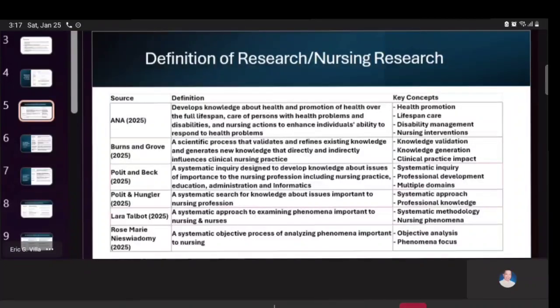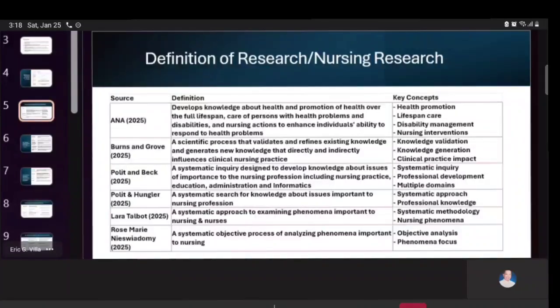Integrations of evidence-based practice can be seen in Polit and Beck's definitions, which introduce the concept of trustworthy evidence, reflecting the growing emphasis on evidence-based practice in nursing research. This additional concept demonstrates the field's increasing focus on research quality and reliability.